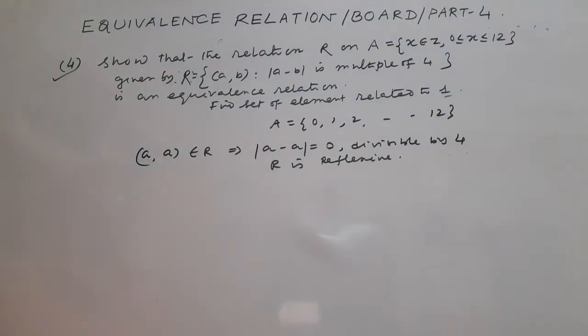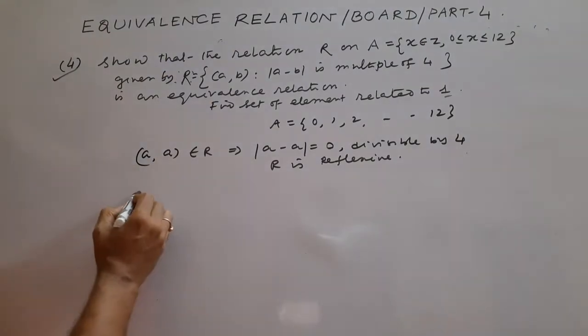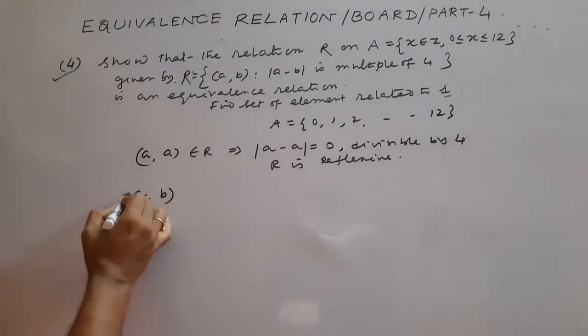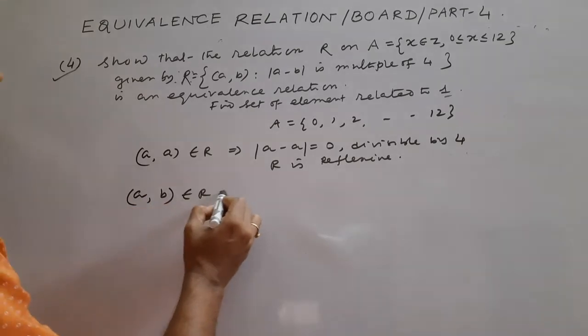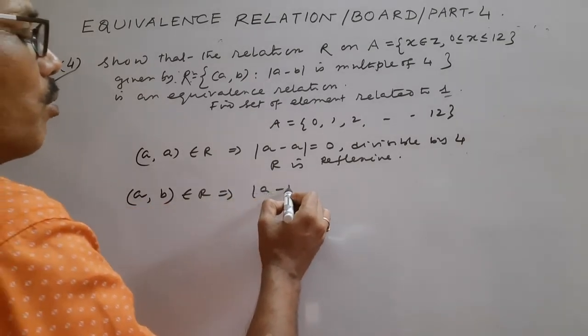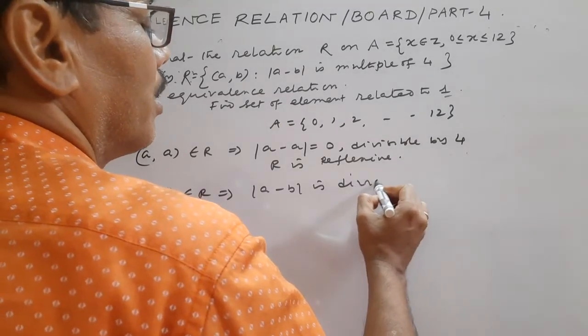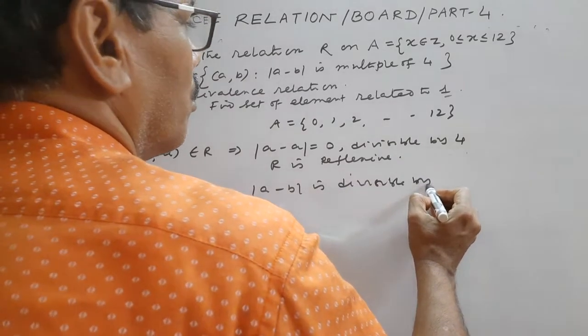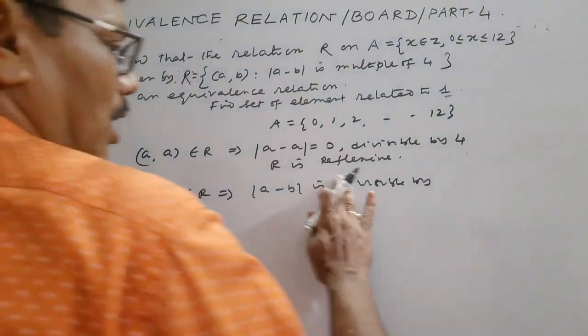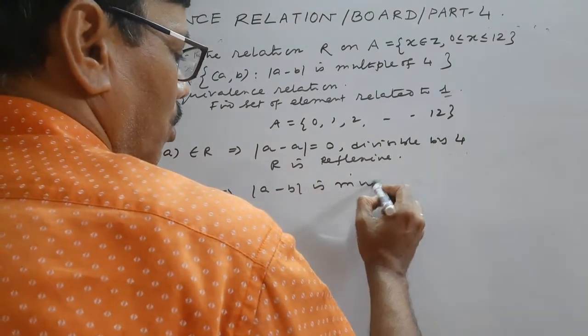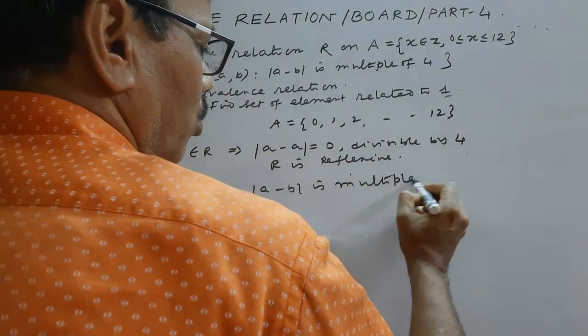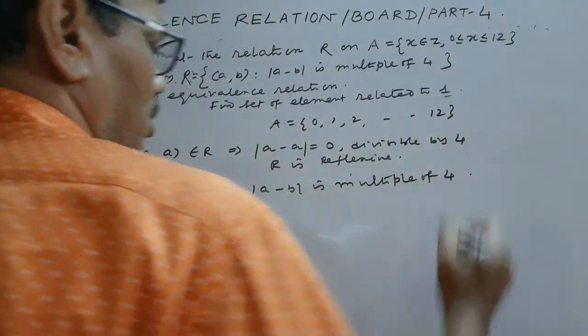Here it is mod. Now for symmetry, AB belongs to R implies mod A minus B is divisible by 4, a multiple of 4. Same language, multiple of 4.